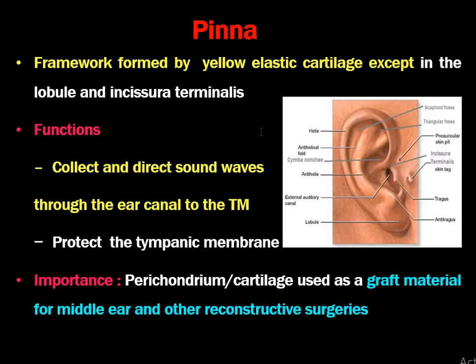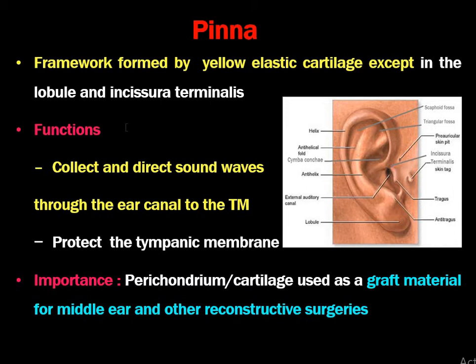Now coming to the external ear or the outer ear, the protruded part of the ear is called the pinna, which is a framework formed by yellow elastic cartilage, except in the lobule, this is the lobule, and in the incisura terminalis. Incisura terminalis is the part of the ear in the anterior aspect and devoid of cartilage.